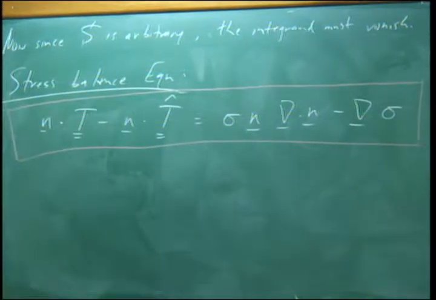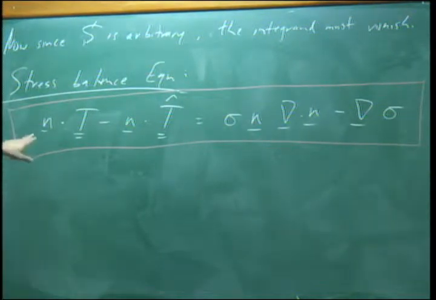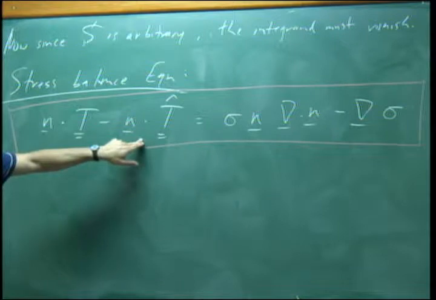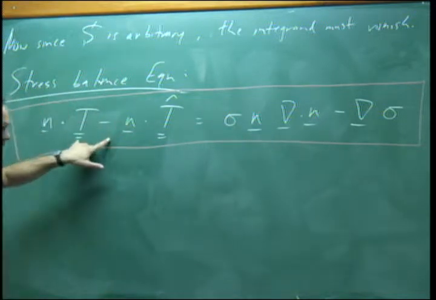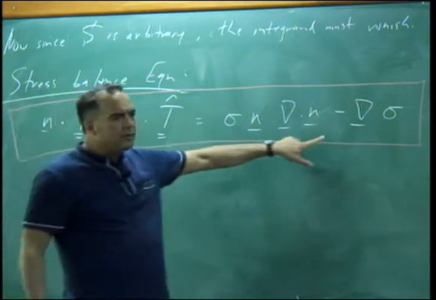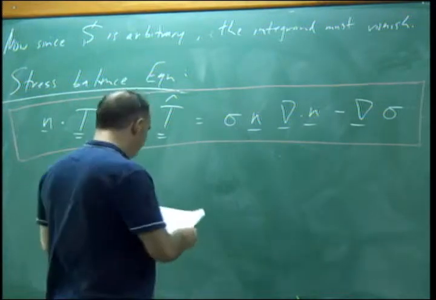Okay, so what do these terms mean? This is the hydrodynamic stress being applied at the interface by the upper fluid. This is the stress being applied by the lower fluid on the interface. And this has to be balanced, so there's a difference in these two things resulting from these two contributions.